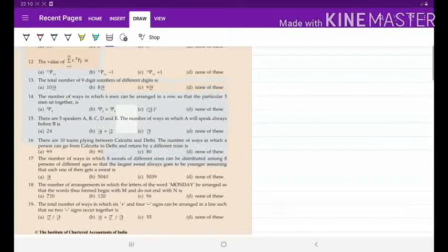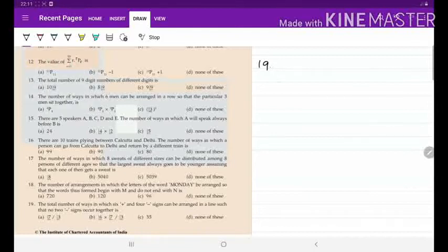Now let's discuss question number 19. The total number of ways in which 6 plus and 4 minus signs can be arranged in a line such that no 2 minus signs occur together is. It's given that there are 6 positive signs and 4 negative signs.